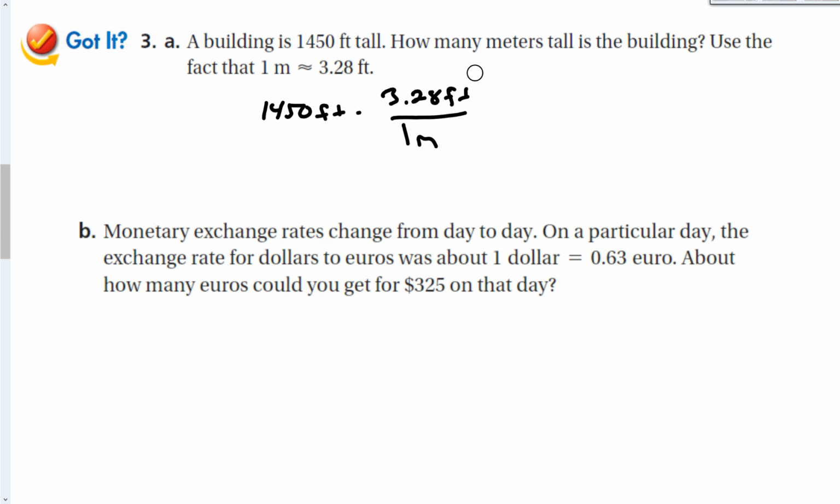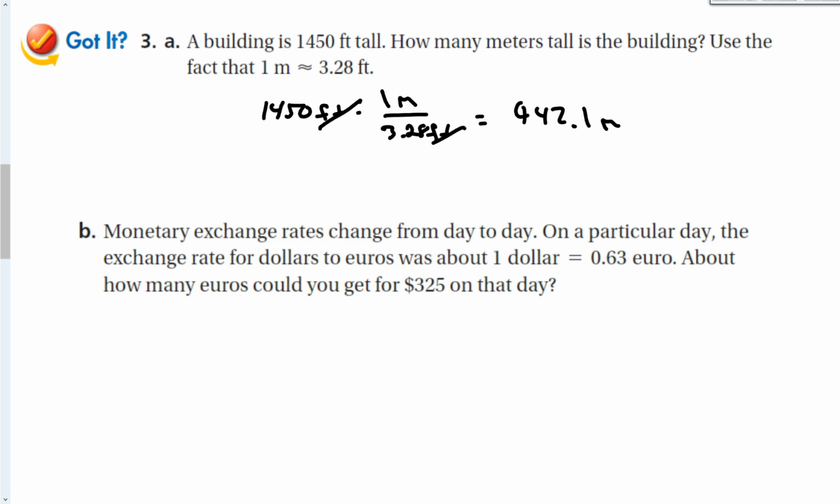Okay, so just make sure that you're doing the conversion factor the right way. 1 meter over 3.28 feet. Okay, now the feet can cancel, one on the top, one on the bottom, and we have 1,450 over 3.28, which gives me 442.1 meters.